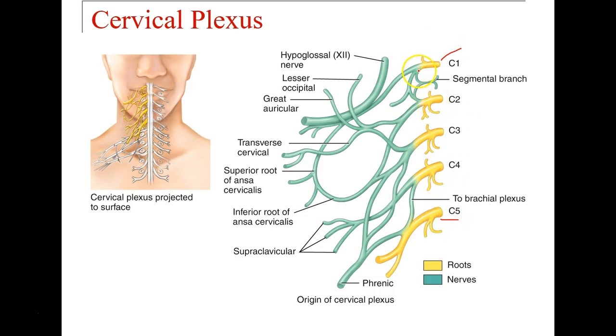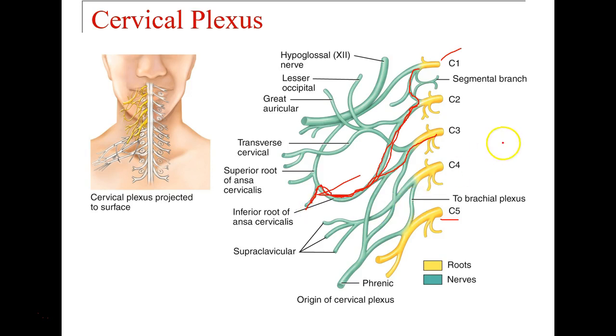So here is a good example of how we can have redundancy of innervation. The C1 can find its way into C2. We can make our way down into this area and maybe come out to this nerve. At the same time, we're having C2 connect, possibly C3 connect.